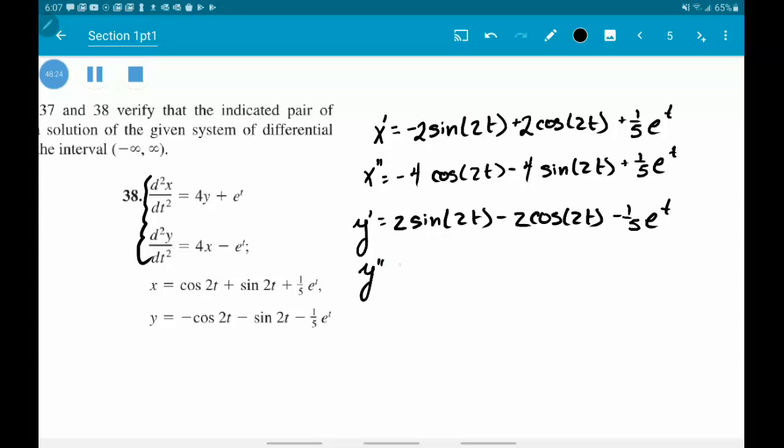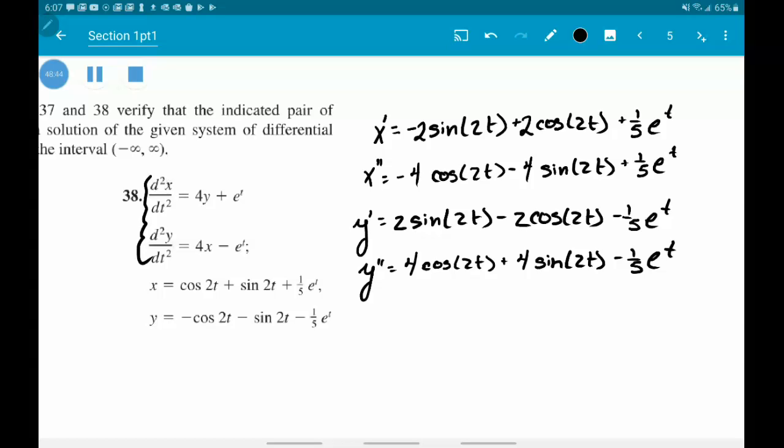Second derivative: derivative of the sine is cosine. Derivative of the cosine is negative sine. So now we have everything we can substitute in.